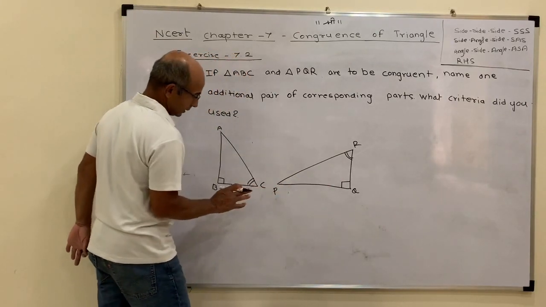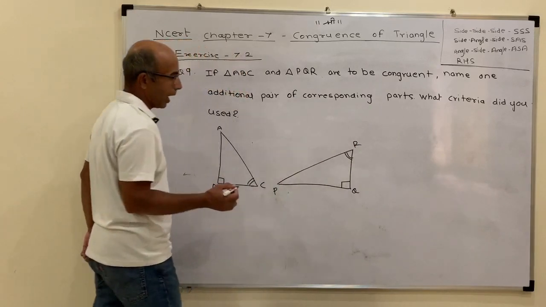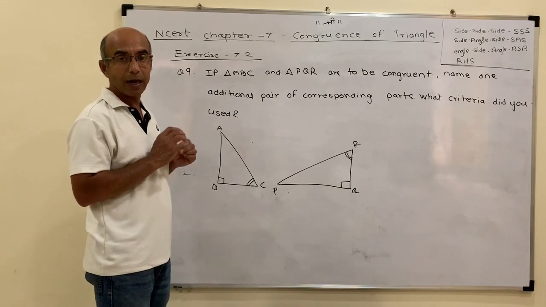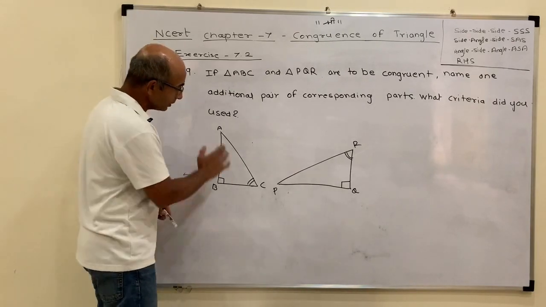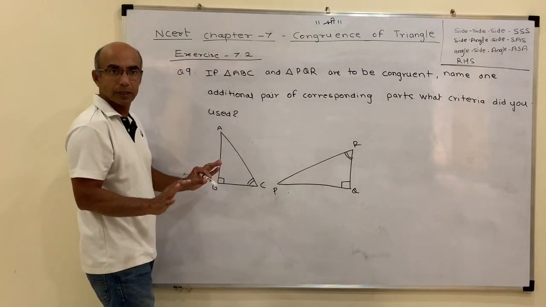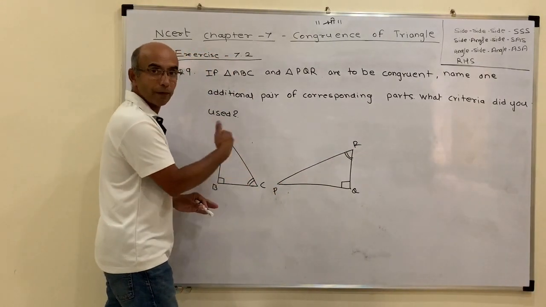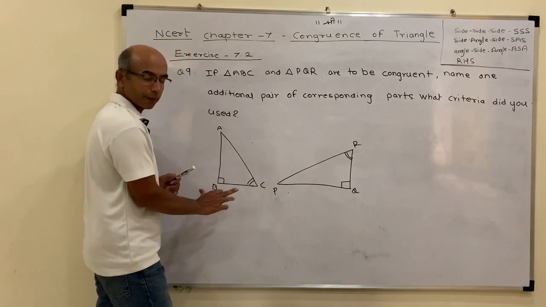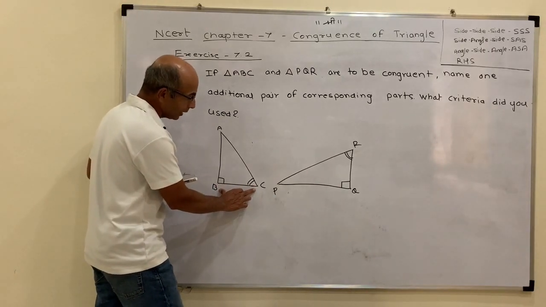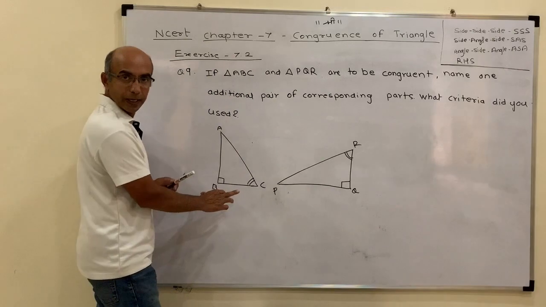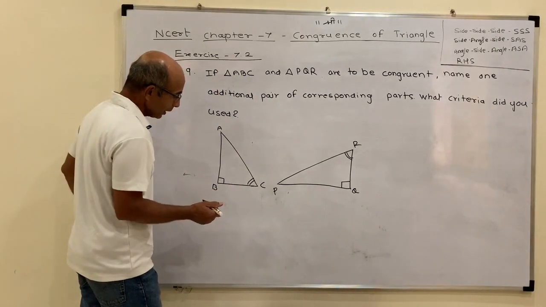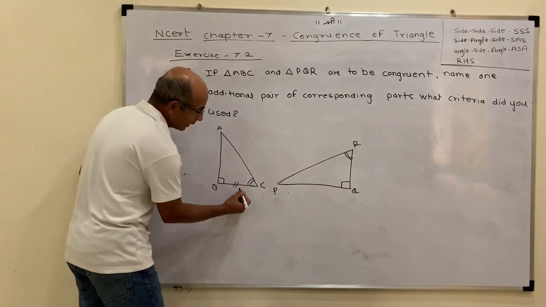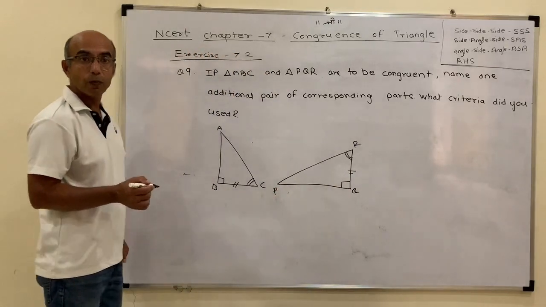Here angle C is congruent to angle R. Now don't get confused with the right angle triangle, hypotenuse and side, because the hypotenuse they have not provided. If they had provided that, we would have asked for the other side. But since two angles of these two are already equal, to make these two triangles congruent, we need this side to be equal.